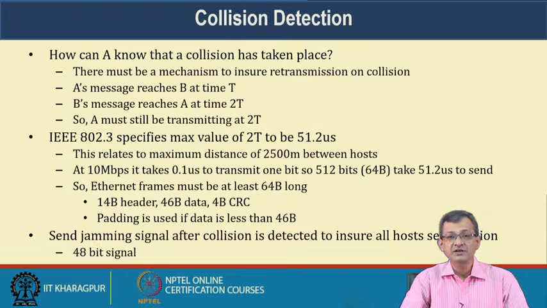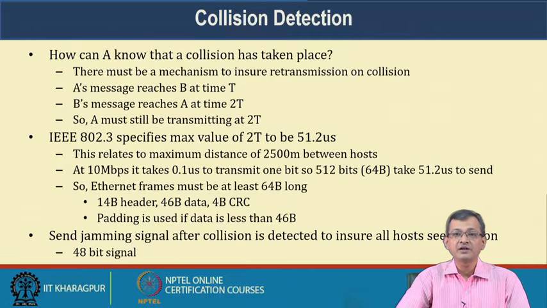At 10 Mbps, it takes 0.1 microsecond to transmit 1 bit, so in 51.2 microseconds it will be 512 bits, or 64 bytes of data, to transmit. So, the Ethernet frame must be 64 bytes long, so that it can faithfully identify a collision.